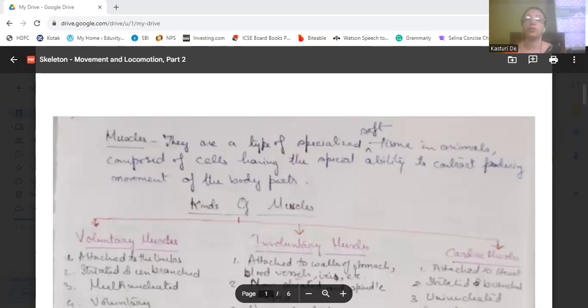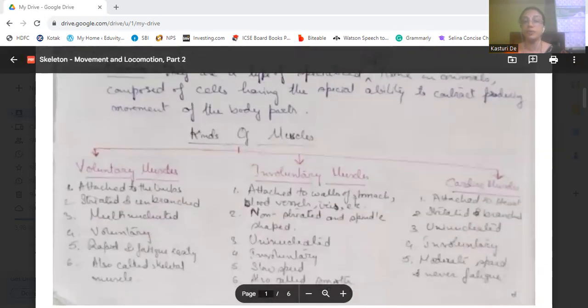So there are three types of muscles in humans: voluntary muscles, involuntary muscles, and cardiac muscles. Voluntary muscles are those which are attached to the limbs, those which are in our control. They are striated and unbranched, and multinucleated.